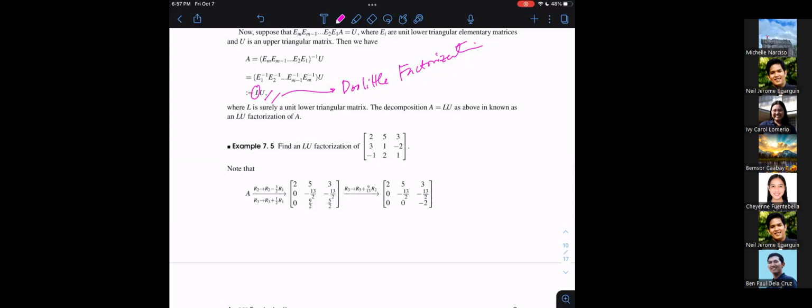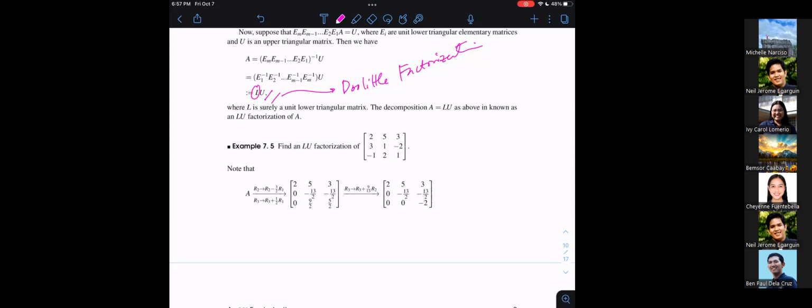Go, Michelle. Sir, more on terminology lang siguro. Sir Ben, sir can also answer. Kapag po ba, sir, in-automate yung any factorization, ang tawag po ba dun is machine learning? For example, in-automate natin through MATLAB or Python, is that what we call machine learning?